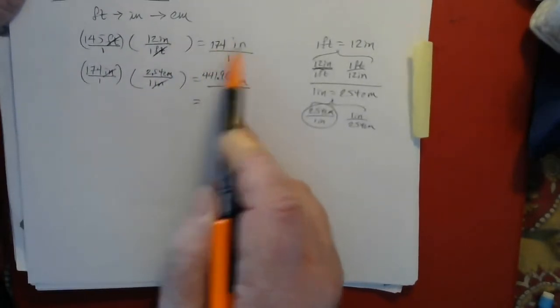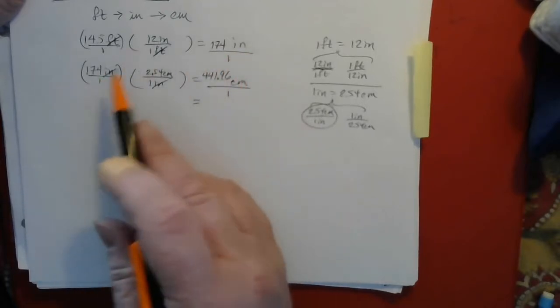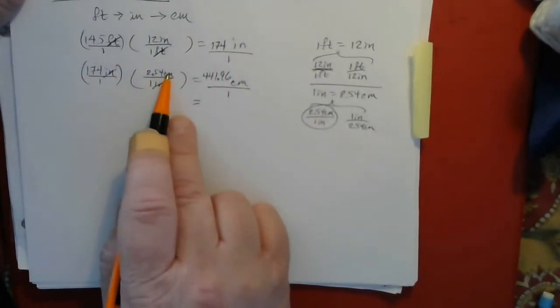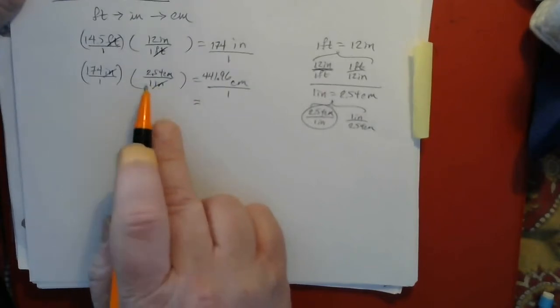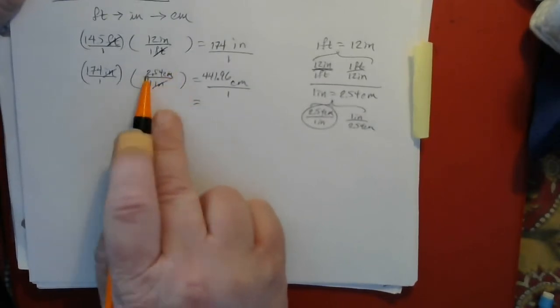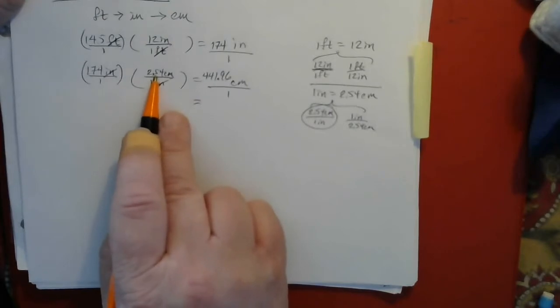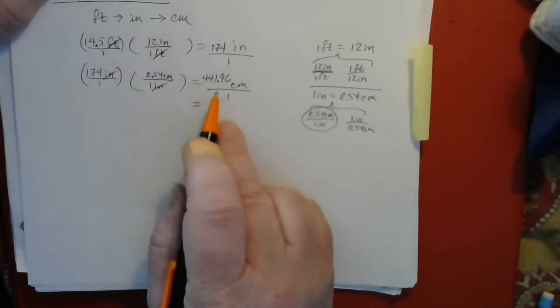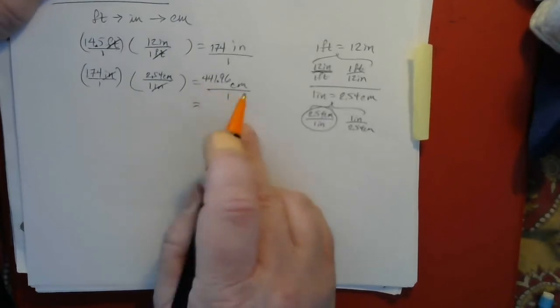The 174 doesn't matter because that was an intermediate answer, so don't pay attention to that. But also 2.54 centimeters per inch. That is between metric and English, so that is not an exact number. That is 3 significant figures, just like the number we started out with. So we are limited to 3 significant figures for the answer.